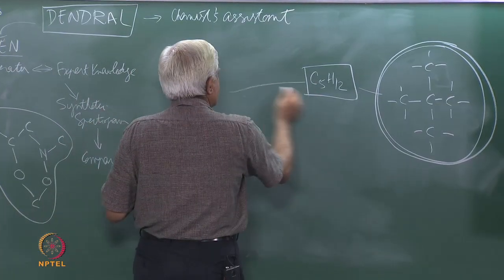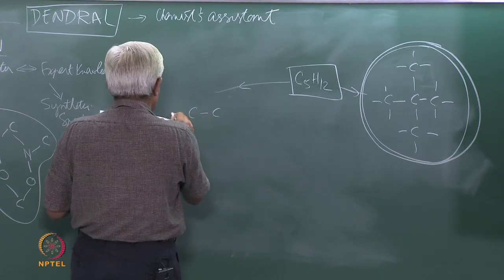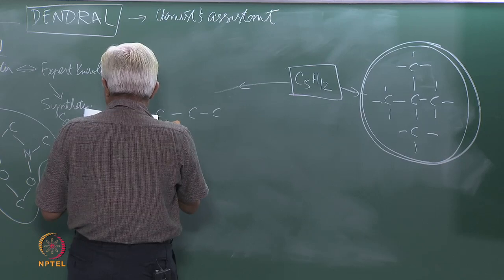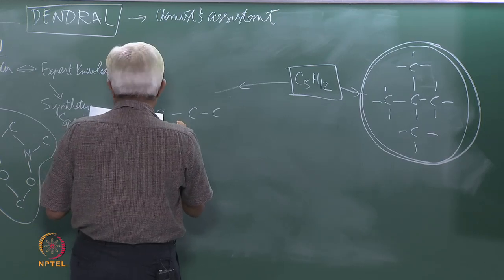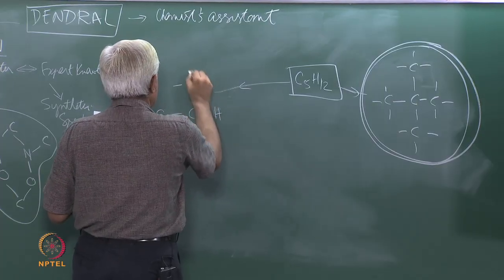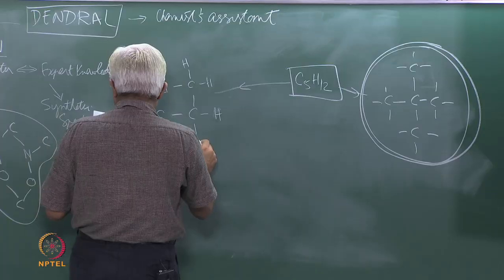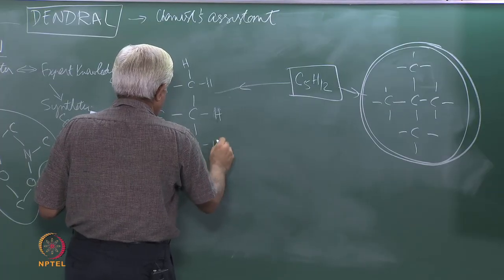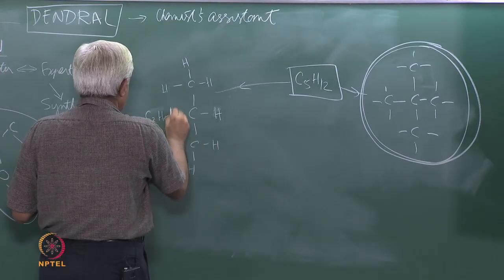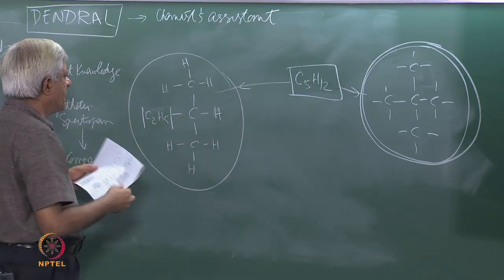So, these are all directed graphs. You could say that it is C... So, a partially elicited structure where part of the structure is known and part is not known.